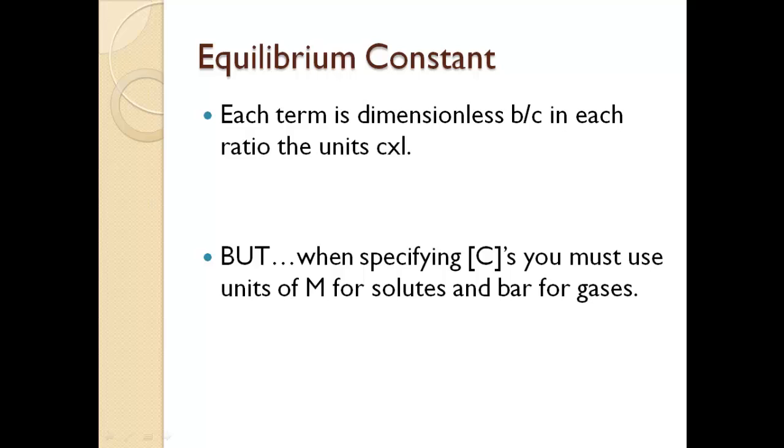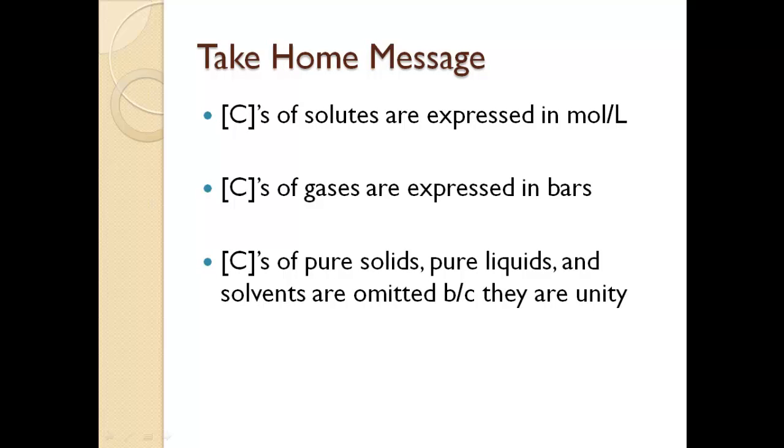That's why when you saw the Kw, that 1.0 times 10 to the negative 14th didn't have an M at the end, because we were just talking about the equilibrium constant. But when we start specifying concentrations, now we've got to throw in the molarity, because that's what they're defined as for equilibrium constants. They're over 1 molar. All right. So what is the take-home message? The take-home message for equilibrium constants is the concentrations of solutes are expressed in moles per liter, in molarity.